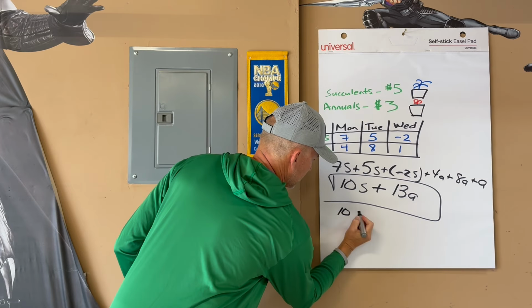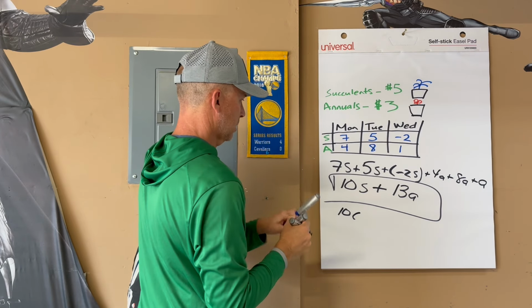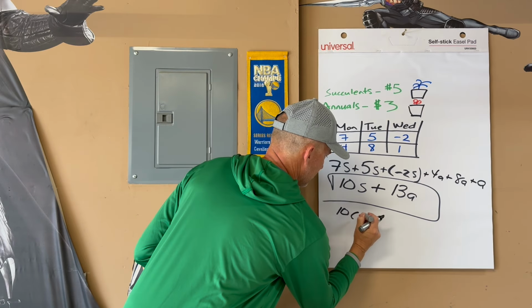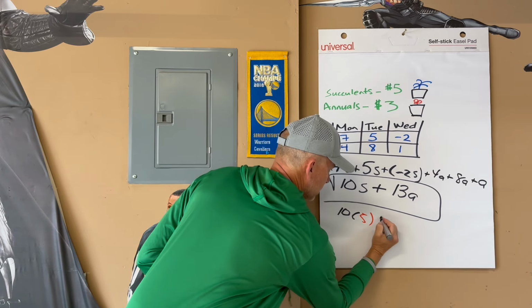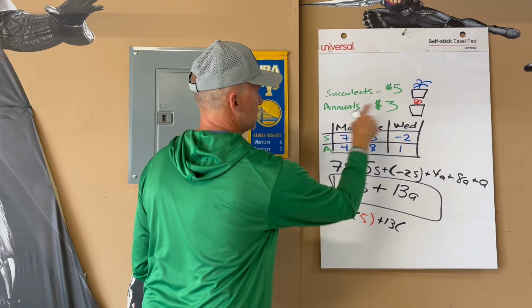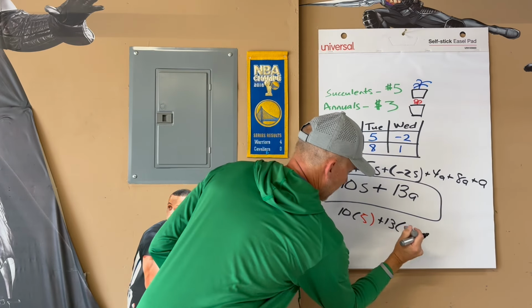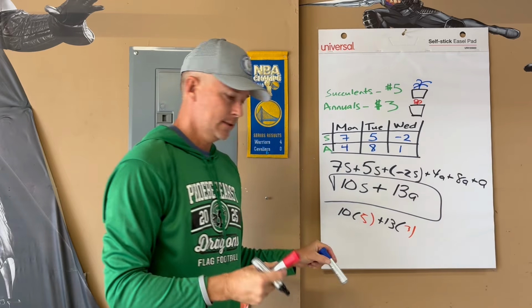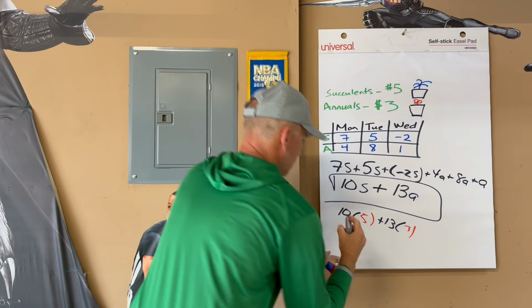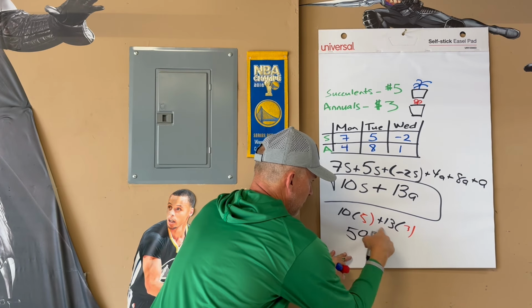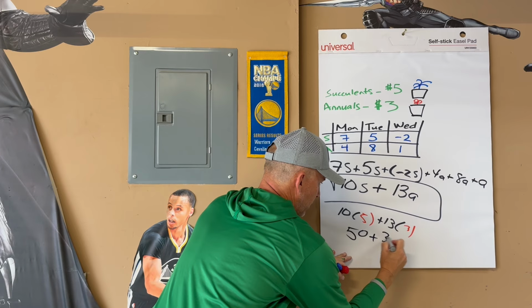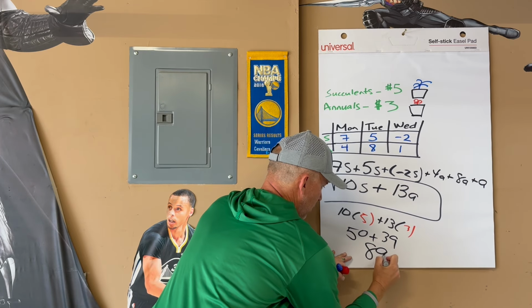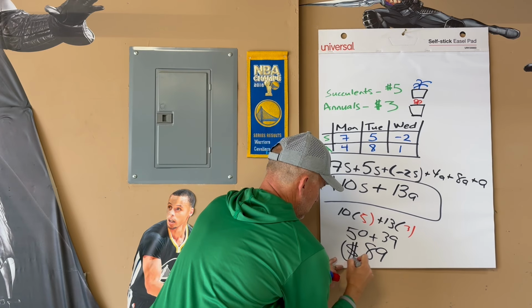So, 10 times 5 plus 13 times 3. Oh man, I don't have a calculator. I hope I can figure this out. 10 times 5 is 50. 13 times 3 is 39. You add it together.